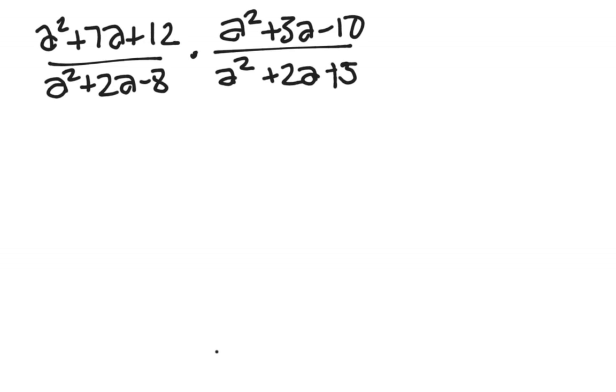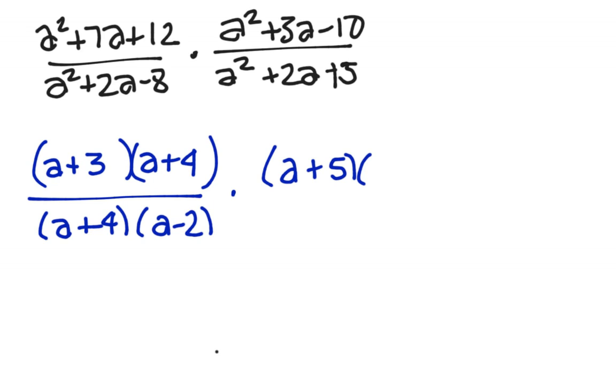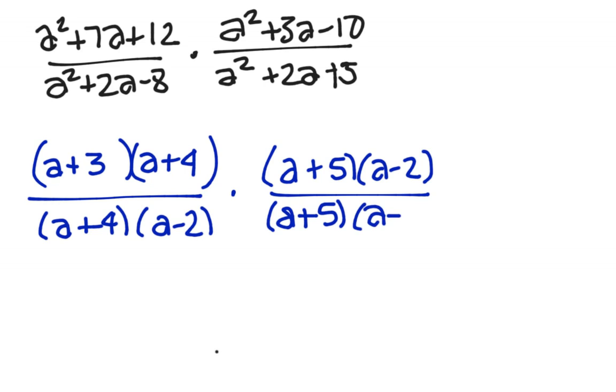These all factor, and they're going to factor using either guess and check or x in the box. Numerator factors into a plus 3 times a plus 4 for the first fraction. Denominator of the first fraction is a plus 4 times a minus 2. Times numerator of the second fraction is a plus 5 times a minus 2. Over denominator of the second fraction is a plus 5 times a minus 3.